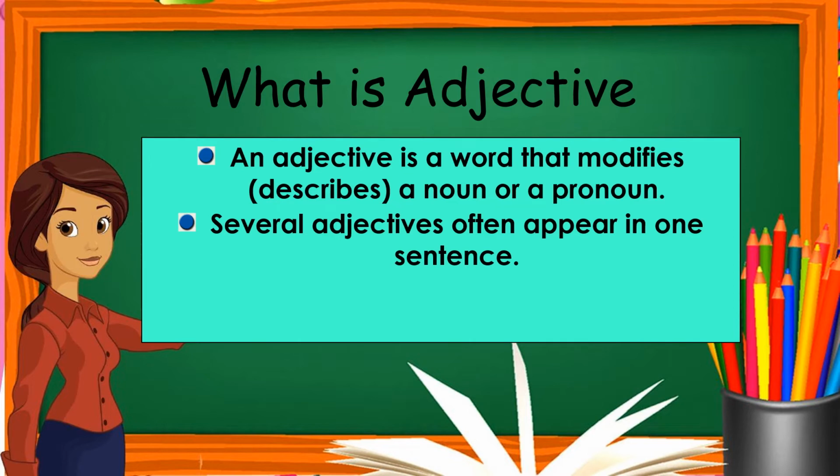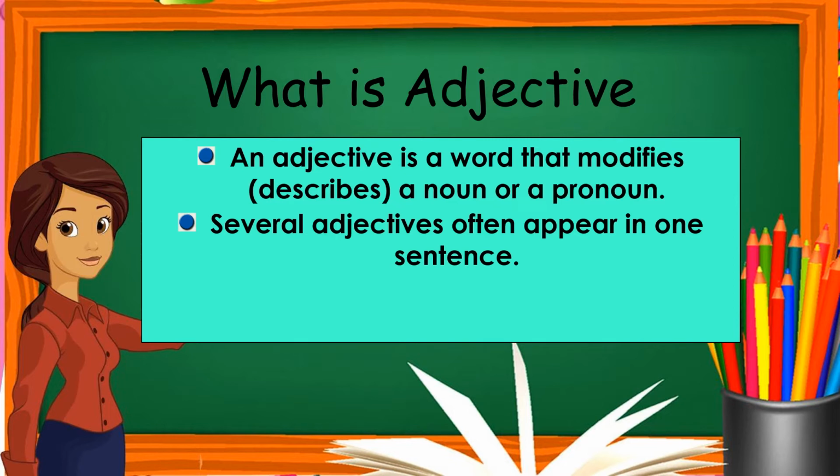Example about Zoe. Zoe has a long, shiny hair. Again, Zoe has a long shiny hair. What are the adjectives in the sentence? Yes, very good.